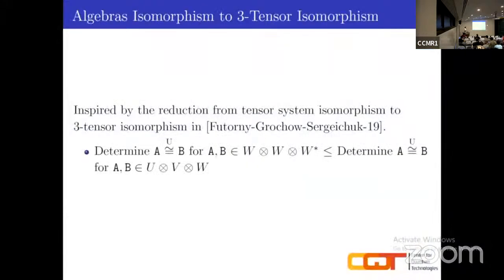And so our reduction is inspired by the reduction from tensor system isomorphism to 3 tensor isomorphism proved by Futorny, Grochow, and Sergeichuk. The tensor system is just a tuple of tensors, where the supporting vector spaces of different tensors may be the same vector space.